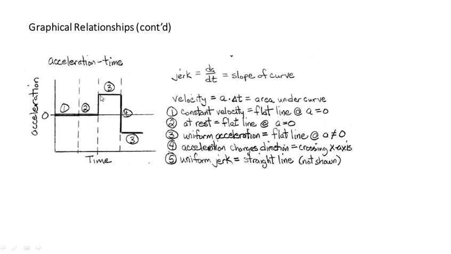It'll be a flat line either above the x-axis or a flat line below the x-axis. Acceleration changes direction when the curve crosses the time axis, which is also known as the x-axis. And finally, uniform jerk would be represented by a straight line with a non-zero slope. That is not shown on this graph.